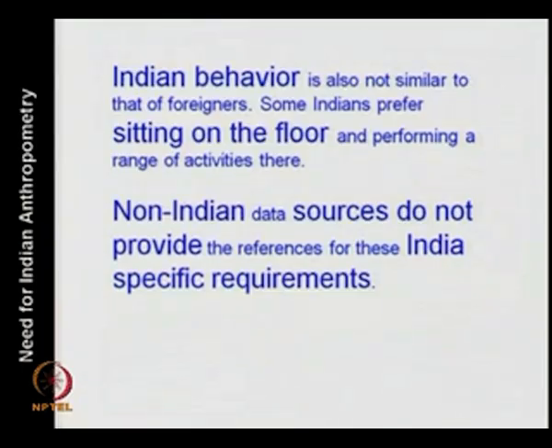Now, Indian behavior is also not similar to that of foreigners. The way we use our body, we squat on the floor, we sit on the floor or any other platform in a squatting or a cross-legged position.